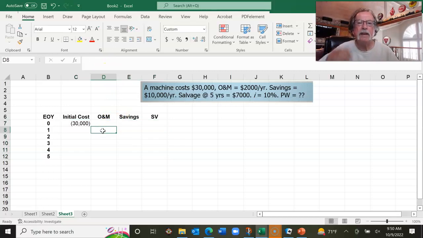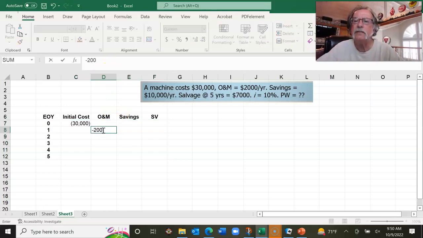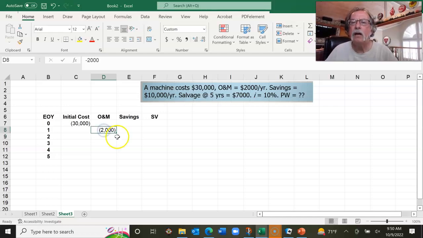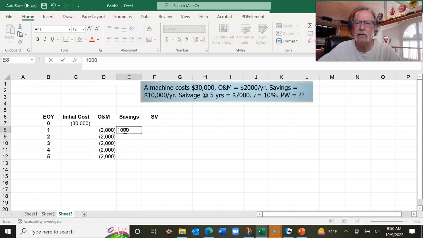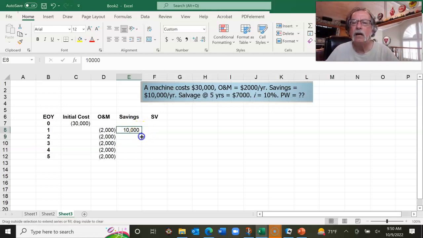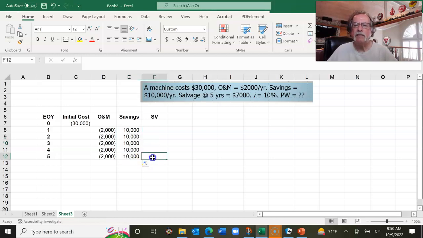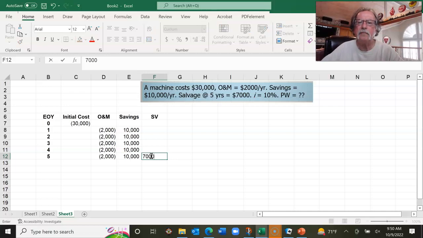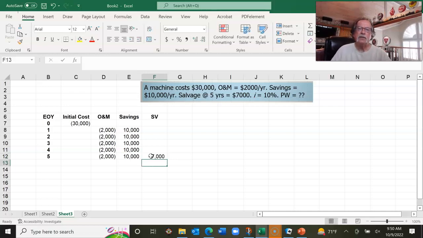And our operating and maintenance costs are going to be $2,000. Our savings are going to be $10,000. And our salvage value that is going to come at the end of year 5 is going to be $7,000. So this is our series of cash flows.